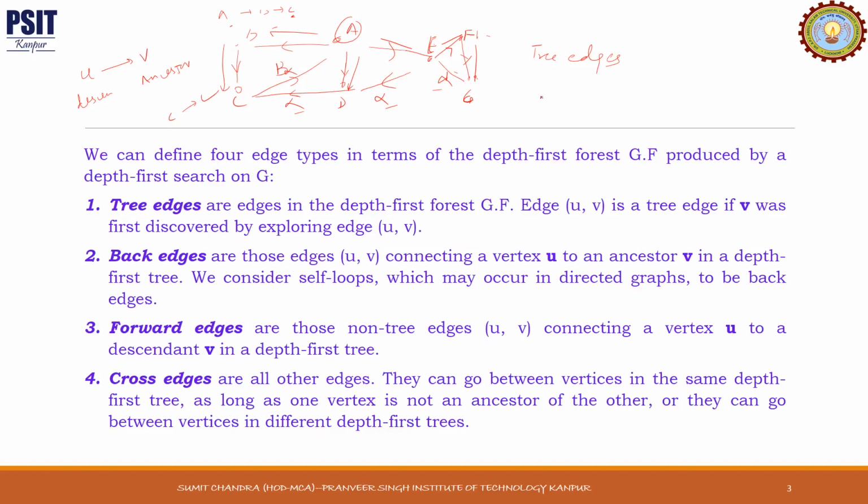Similarly, in a forward edge, an ancestor is connected to a descendant in a path.